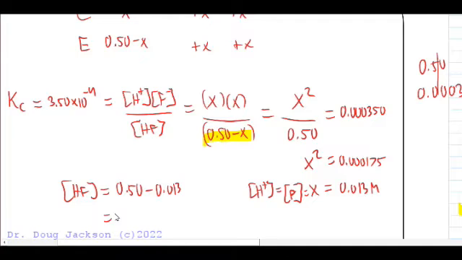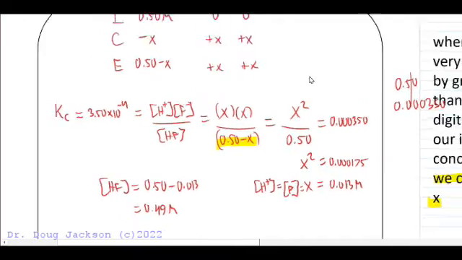And so 0.50 minus 0.013 gives us 0.49 molar for HF. Okay, so we've got three values here.